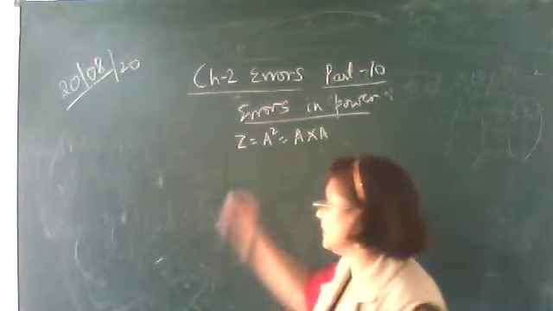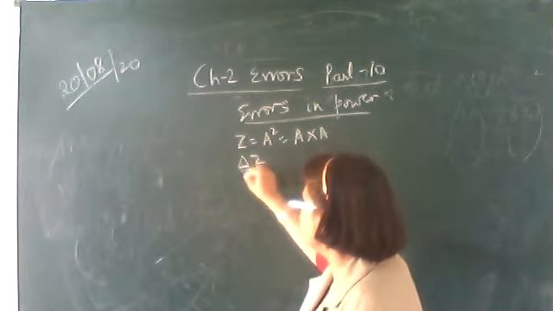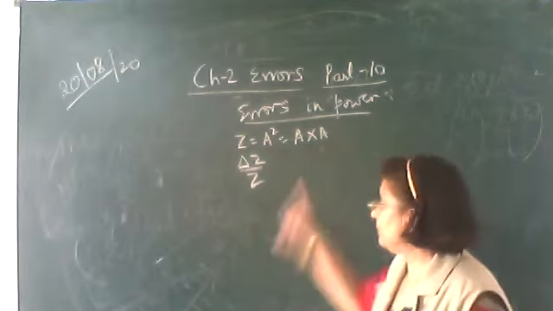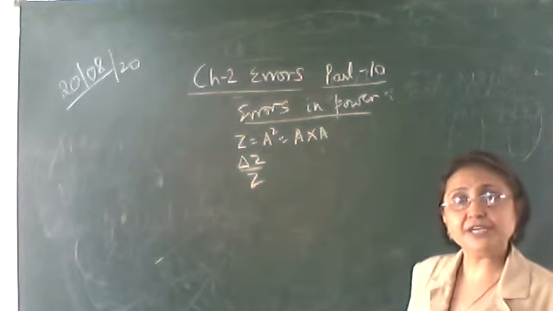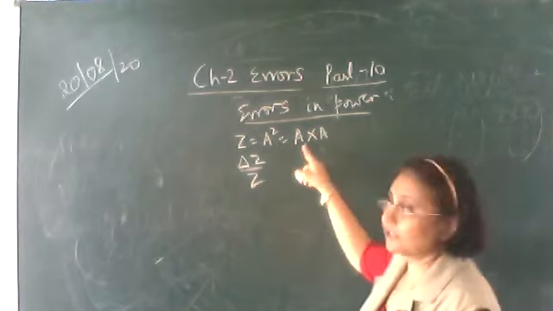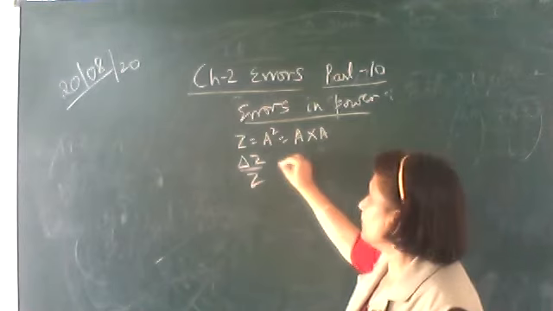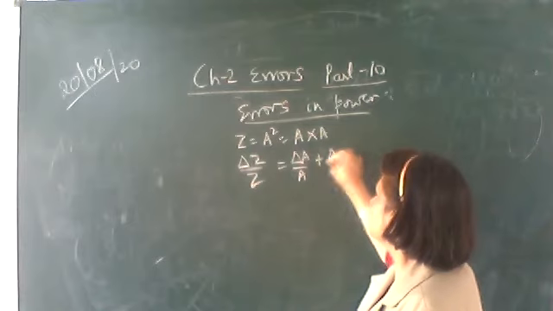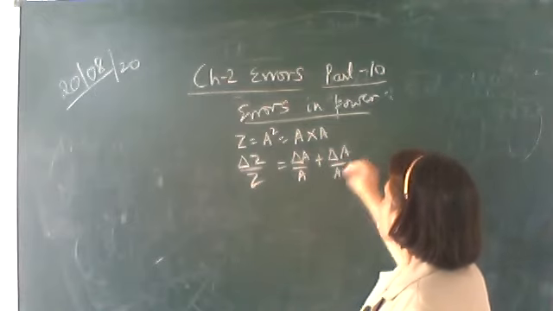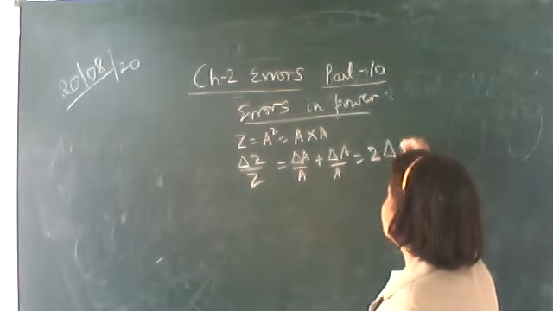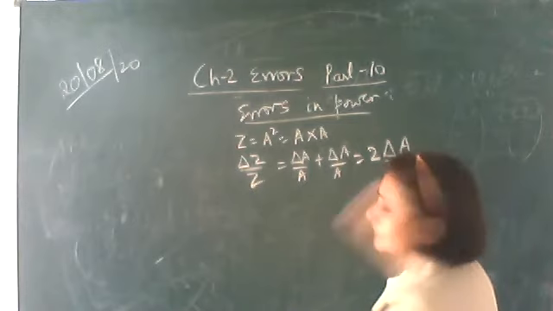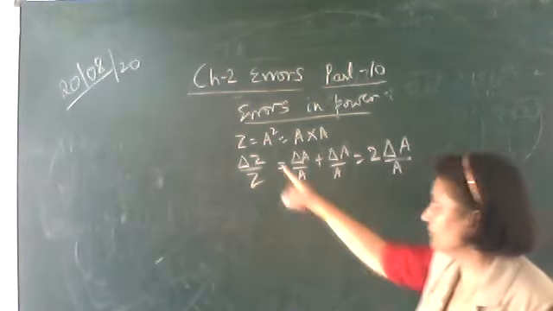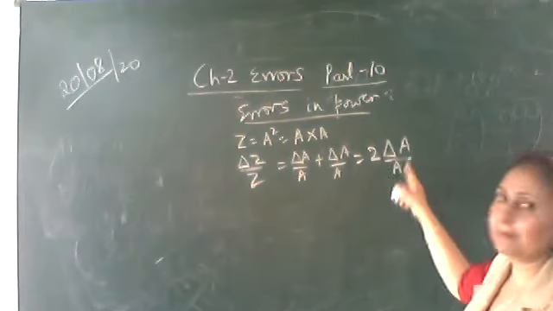Maximum relative error in the product, which is plus delta Z upon Z, which will be equal to the sum of the relative errors in individual measurements. What are the two measurements? A and A only. So it will be equal to delta A upon A plus delta A upon A. So what do you get? Twice delta A upon A. So here we see that the power is multiplied to the relative error.